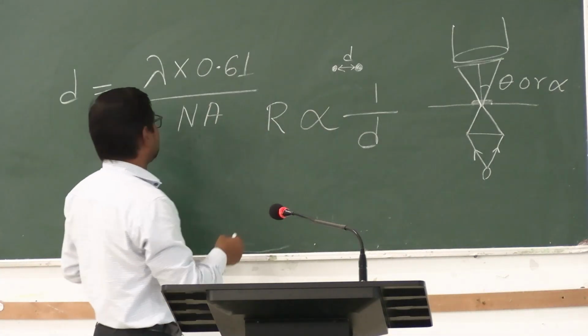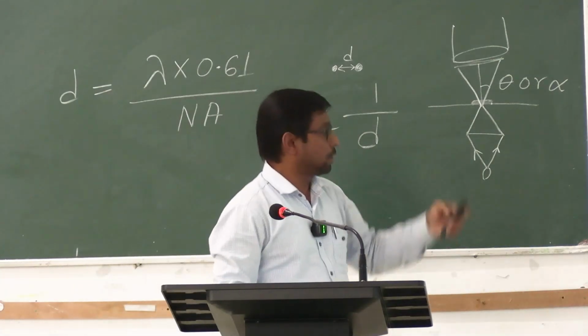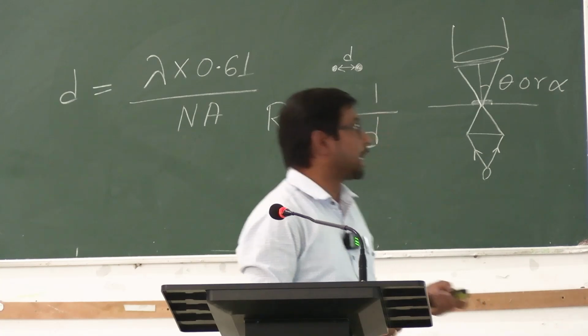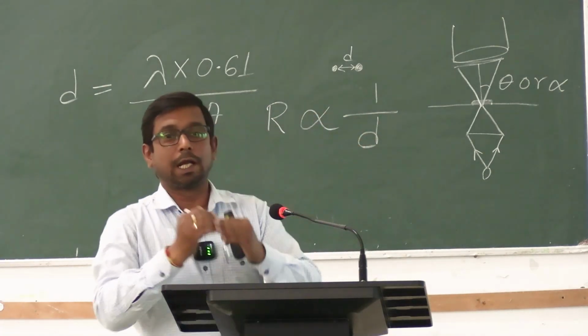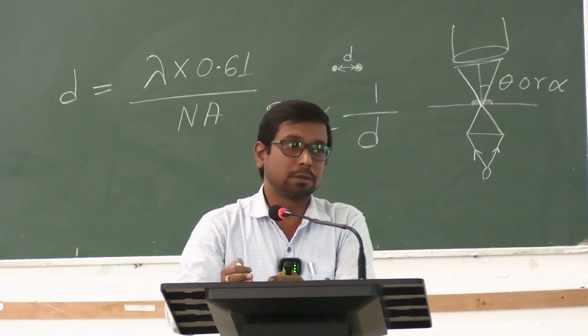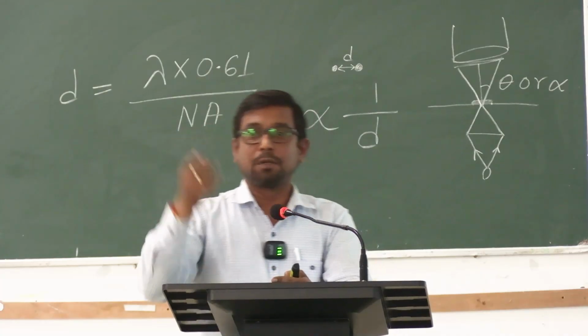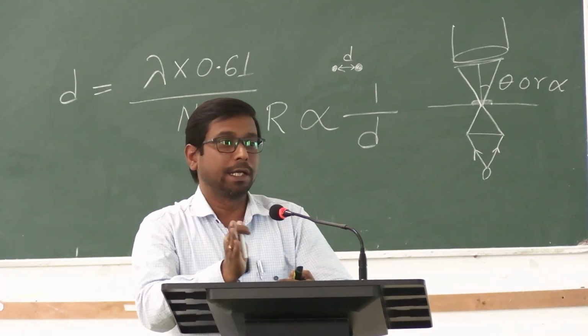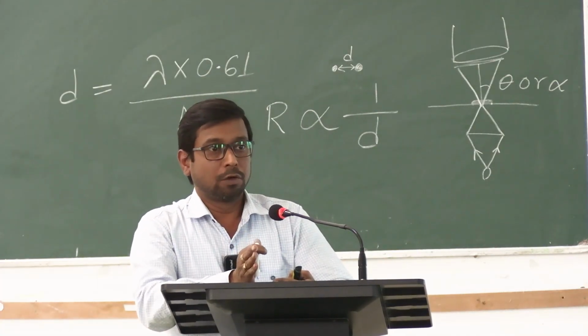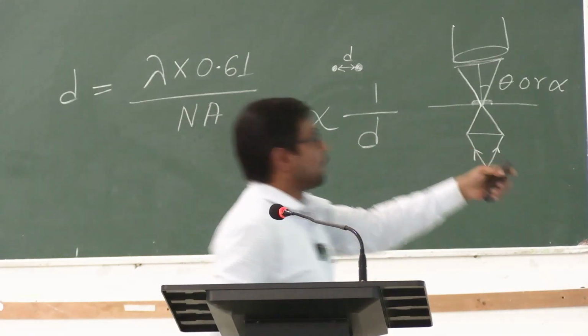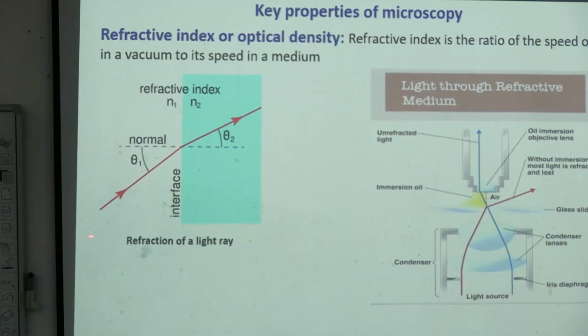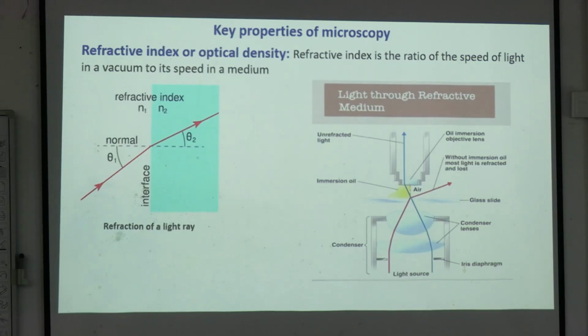Then again I am coming to refractive index. When light travels from one medium to another medium, light will get bent. Here you can find that when the light goes from one medium to another medium, light will get bent.